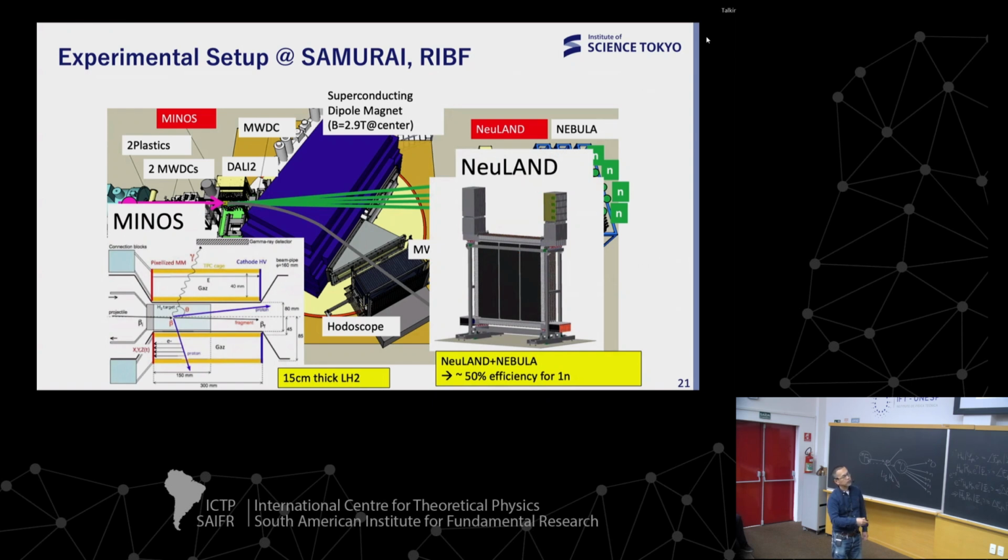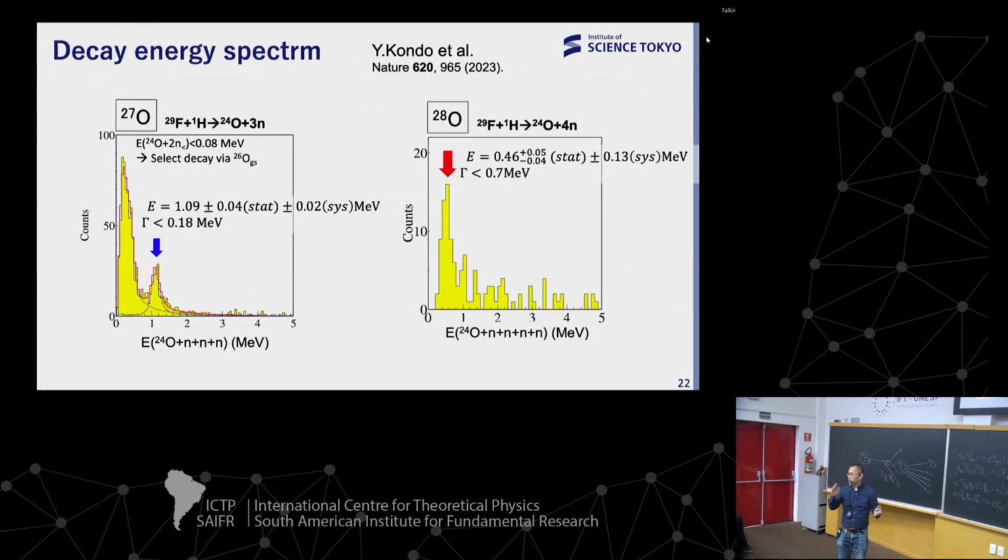So this was from GSI, actually. So the German team brought us these NeuLAND detectors. This enhanced neutron detection efficiency very much, 50% efficiency for 1 neutron, and for 4 neutrons it is like 0.1%. Okay, so this is actually a large international collaboration, because they know that only RIKEN can measure oxygen 28.